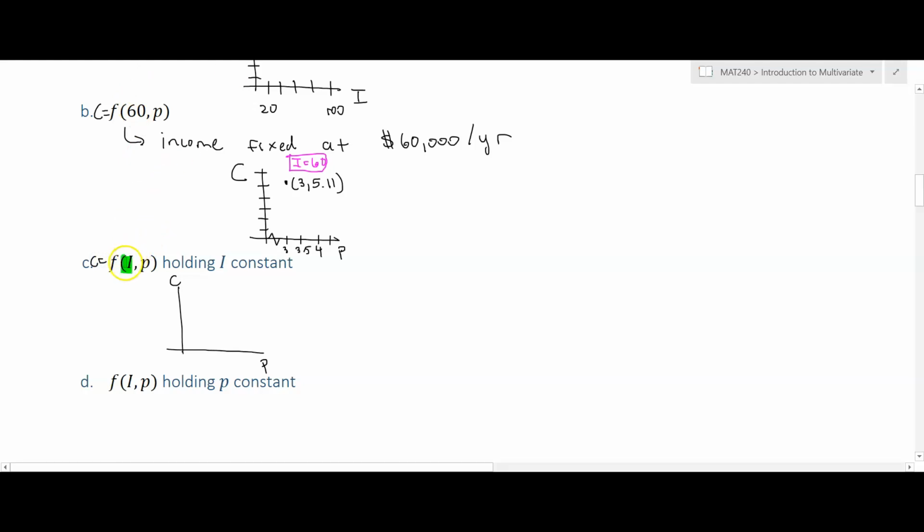This is going to be my constant right there. So on this graph, I could actually plot multiple curves, and I'm just going to kind of create some sketches here, and these could all be for different incomes. Like maybe this is for income equals 20, this line is for income equals 40, or income equals 60, and so on. I would be looking at basically perhaps different values of I.